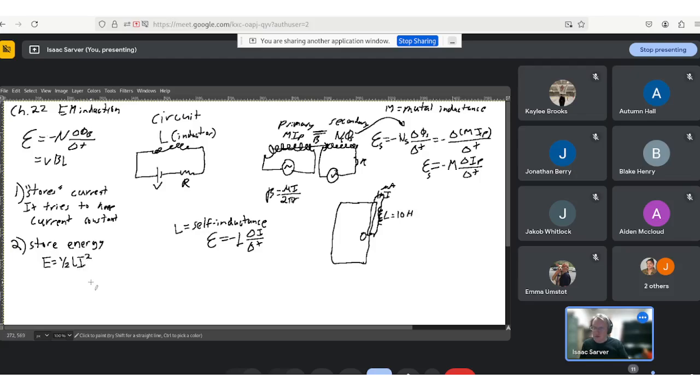Huh. Okay. So the energy density of the magnetic field, after working some stuff out, the book has kindly derived for us, is B squared over 2 mu naught.